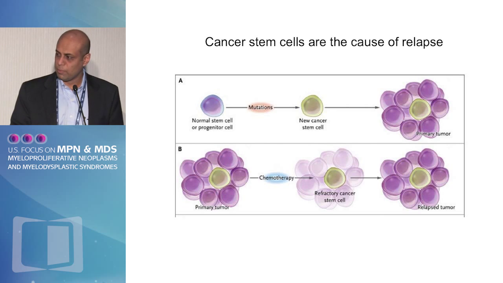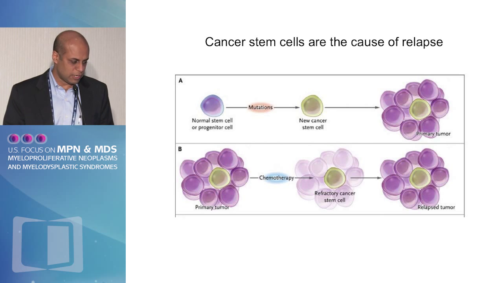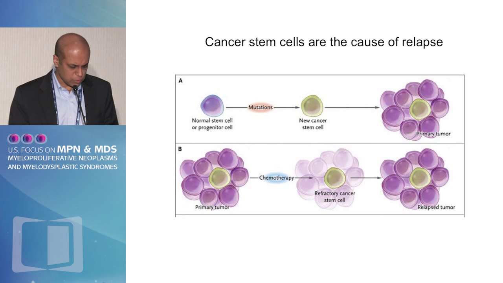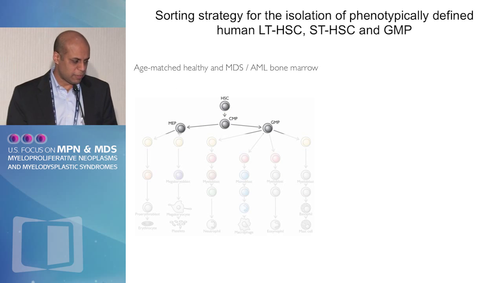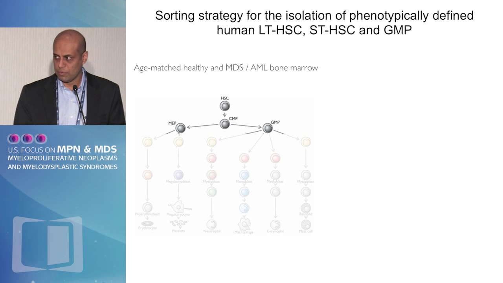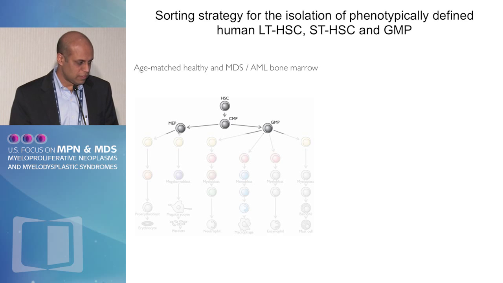You can mop up the blasts or dividing cells with chemotherapy, but it doesn't usually hit non-dividing cells, and then the cancer stem cells lead to a reconstitution of the tumor. So a few years ago, we wanted to find out what is happening in myelodysplastic syndromes and how the stem cells are altered in this disease.